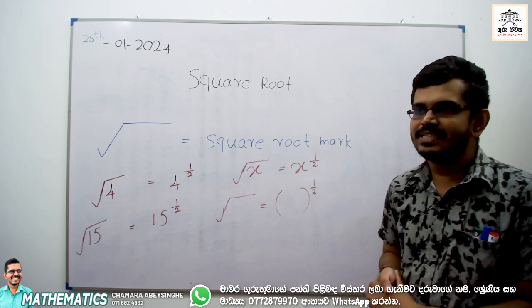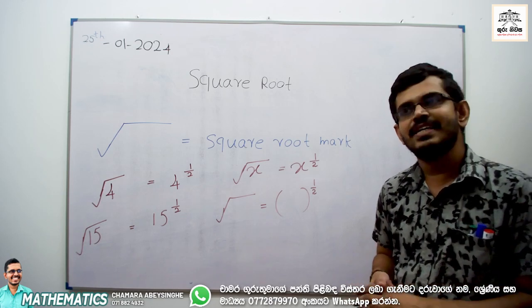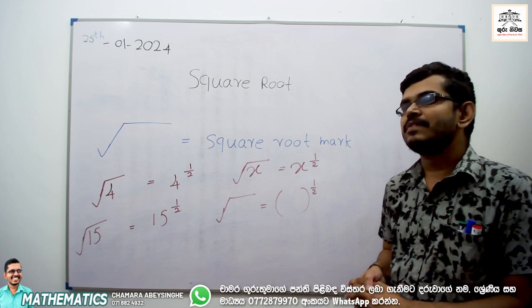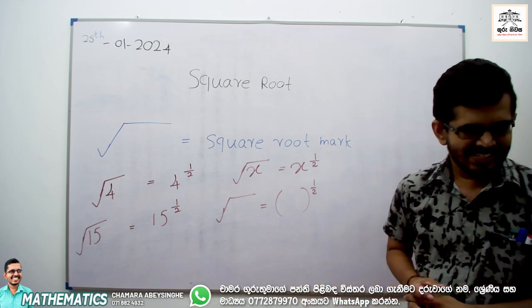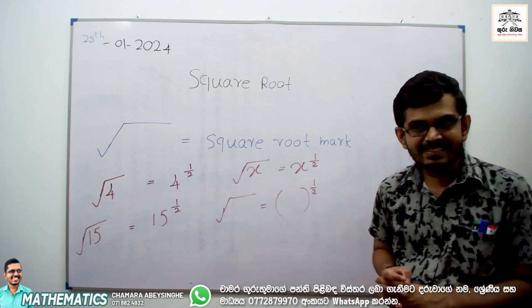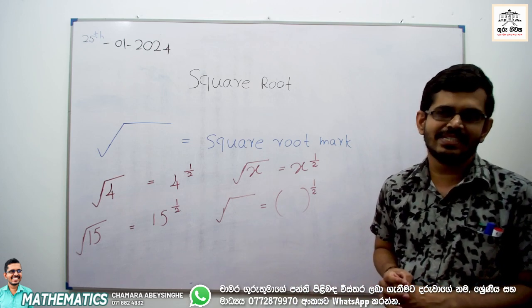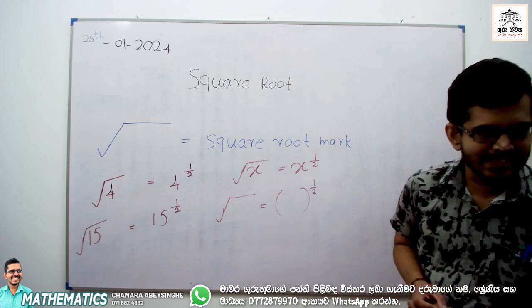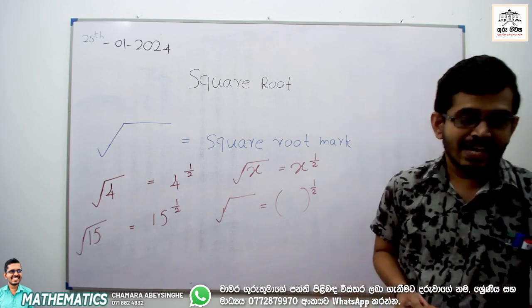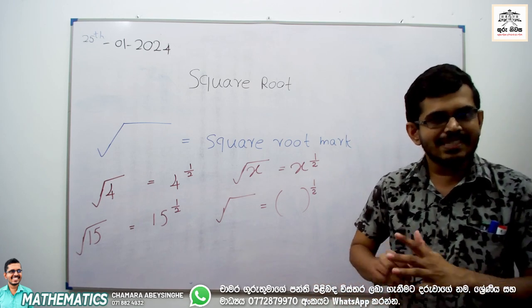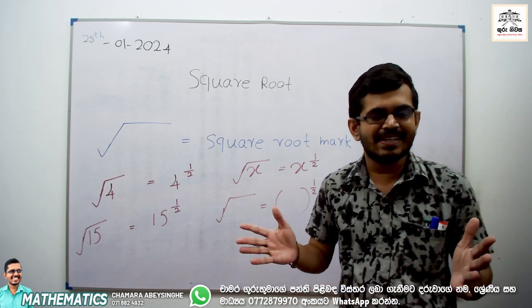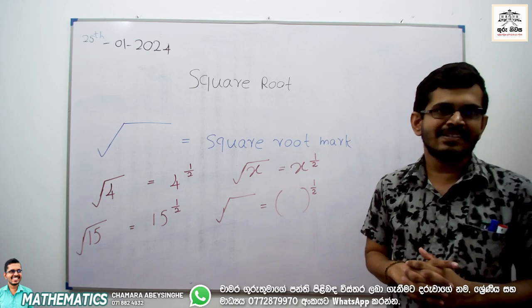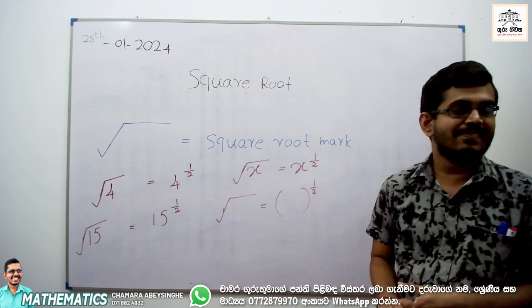One is using prime factors, another is the first approximation, and the last one is the division method. The using prime factors method is not given in your textbook, but it is an important one.